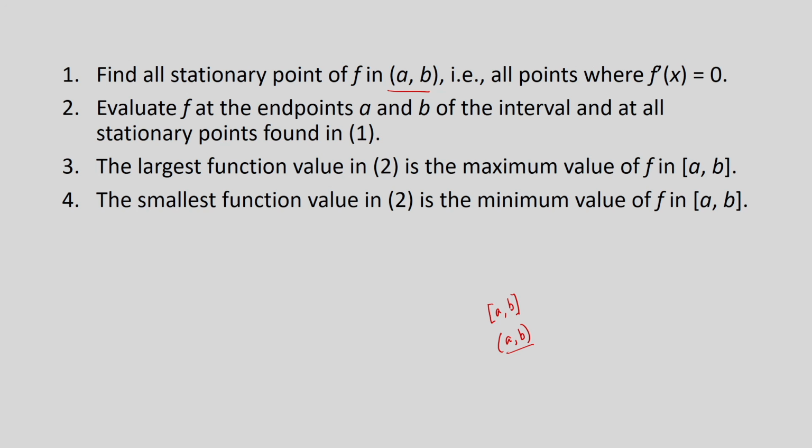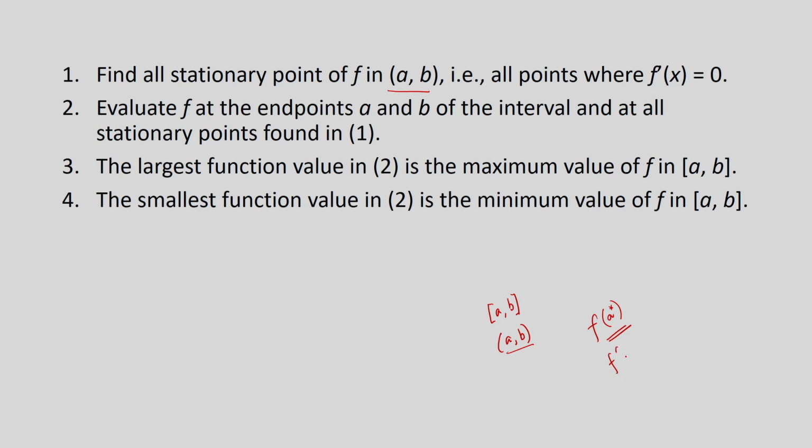The second step, evaluate f at the endpoints a and b of the interval and at all stationary points found in 1. So, we are going to find out the value of f, right. So, suppose a star is a stationary point that we have found in the first step, then we first find out what is f of a star.